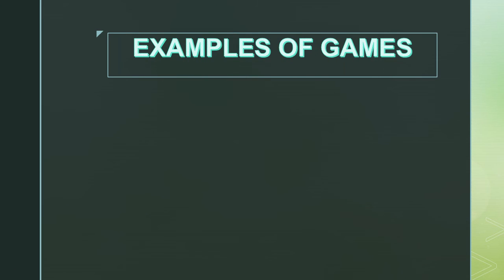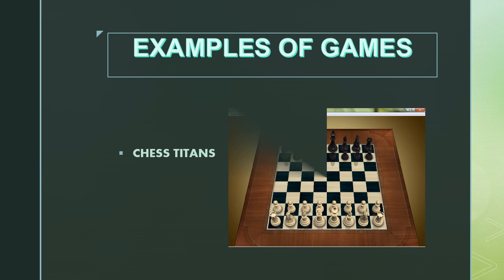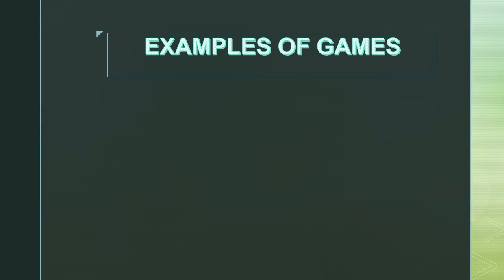Now let us take some of the examples of games. Chess Titans. This is a very, very popular game which people used to play over the computer, and it looks like this. Another example is Hearts.